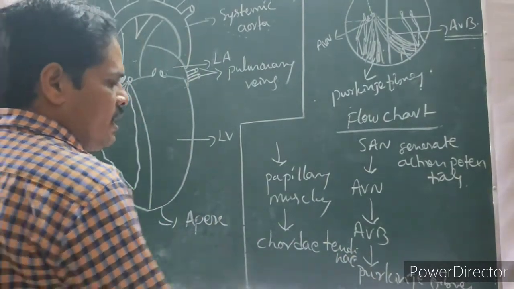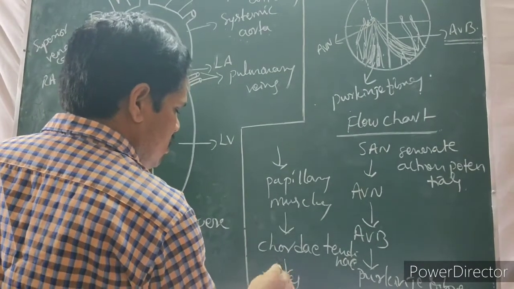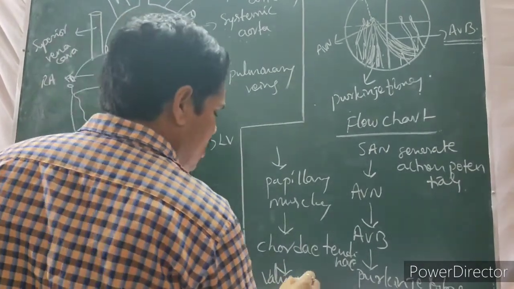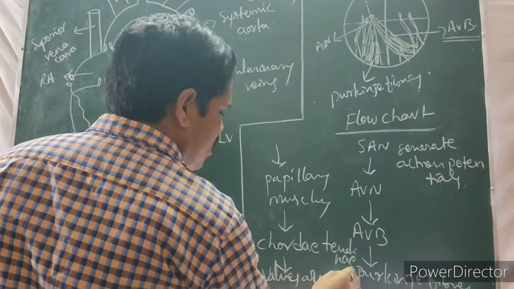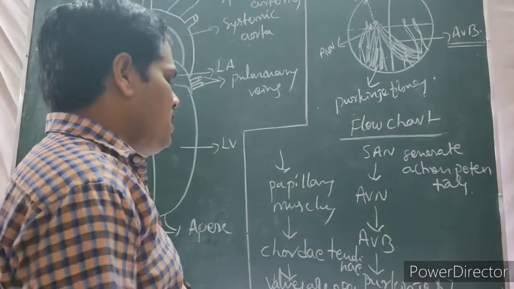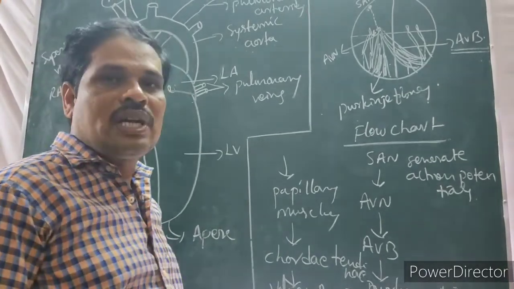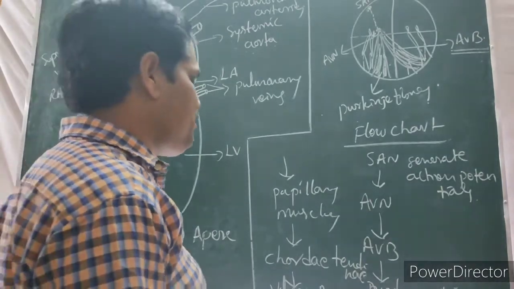Because of the cardiac tendinae regulating, the tricuspid and bicuspid valves are open and the heartbeat starts. That is what we call the cardiac cycle.